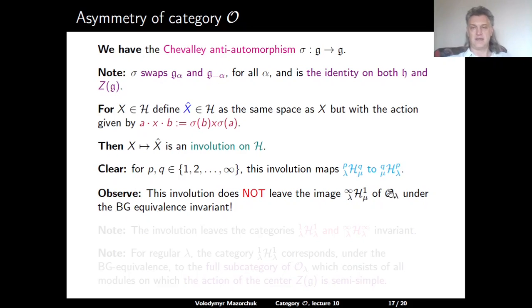So O lambda is not invariant under this involution because it will swap the indices infinity and 1.